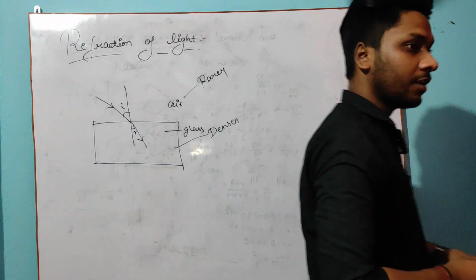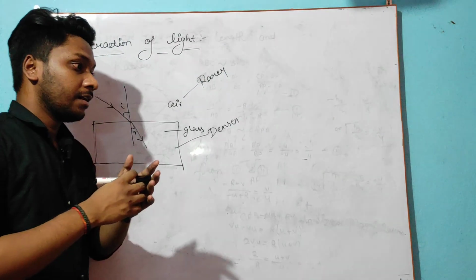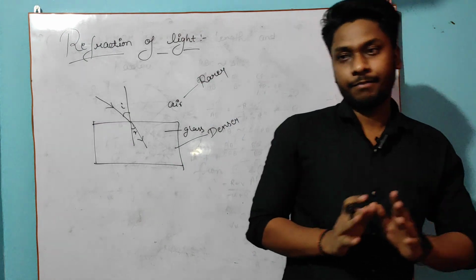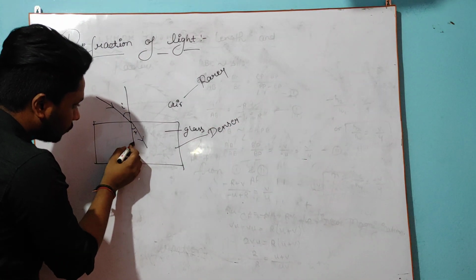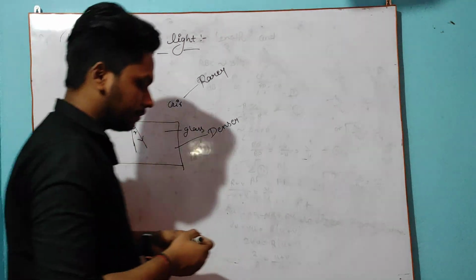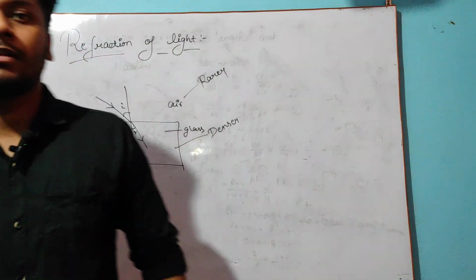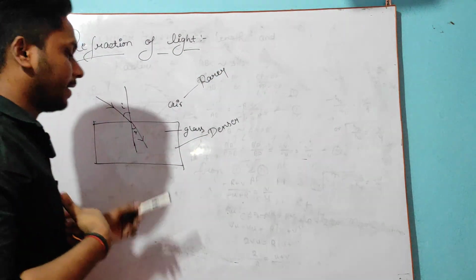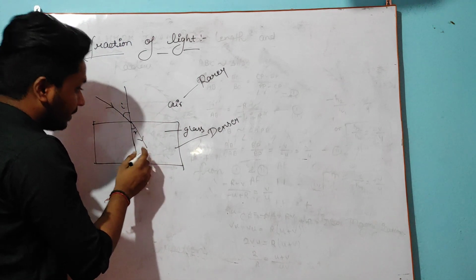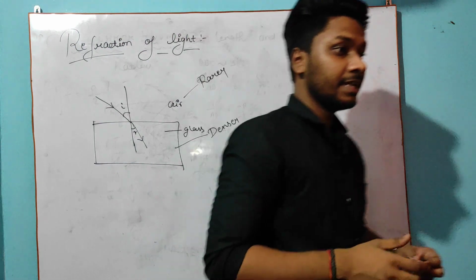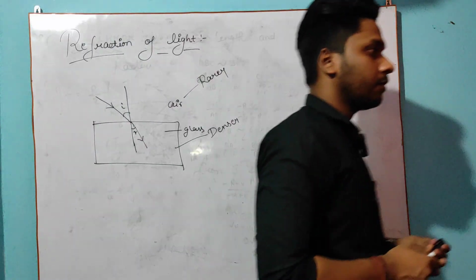This is the nature of light, that it has to travel a given distance in the minimum interval of time. So it has to change its path so that it bends toward the normal. Why does it bend toward the normal? Because the normal is the shortest distance of all the distances to be compared. So it bends in order to travel in minimum time, and this is the condition for the refraction of light.